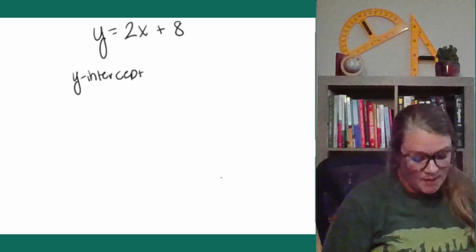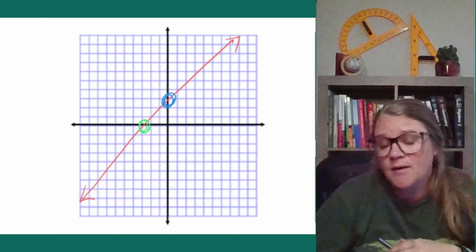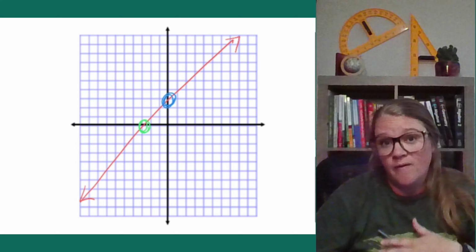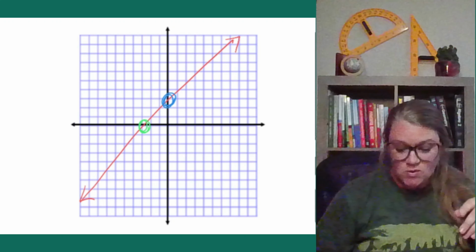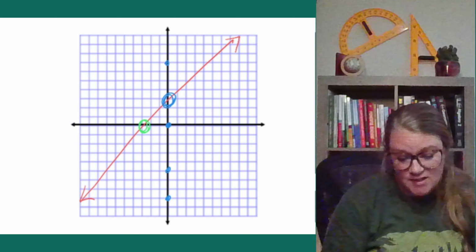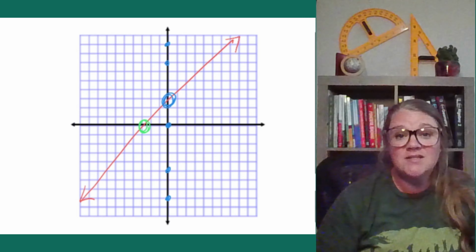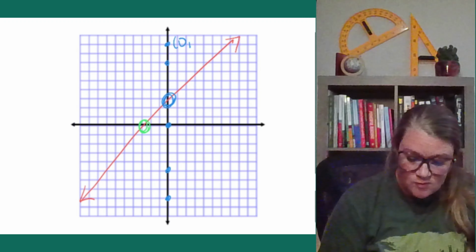Now, I'm going to come back to my graph here, and I'm going to look at points that are on the y-axis, and we're going to look at what those points have in common. I'm just going to pick out random points on the y-axis because a line could cross at any of these points. Let's look at what the coordinates of these points are. This is the point (0, 9). This is the point (0, 7).